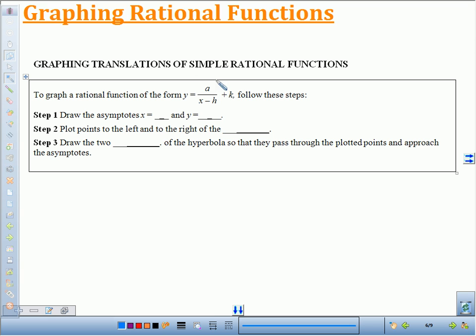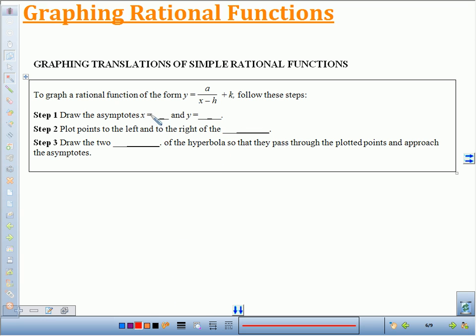Now, if we wanted to graph a translation, it's a very similar process. We need to find the asymptotes. Now, of course, if we are looking at this guy here, y equals a over x minus h plus k, it's not that bad.